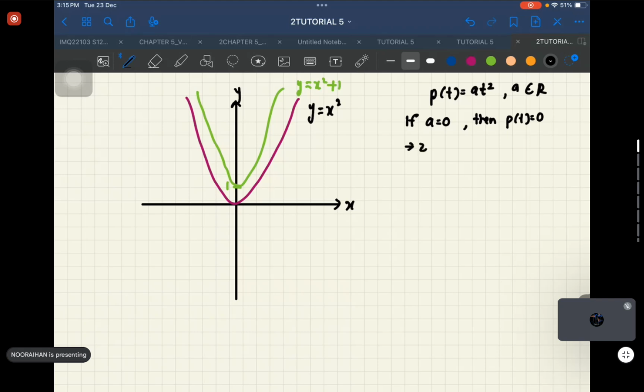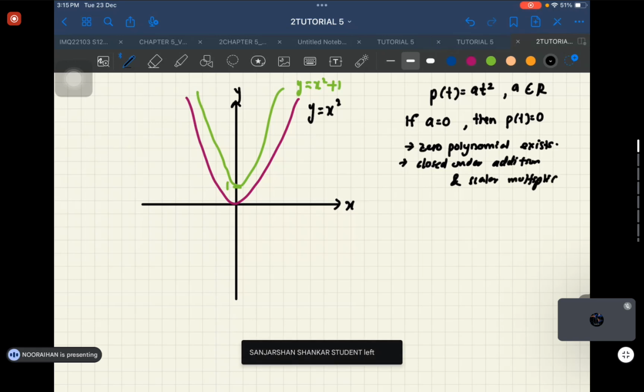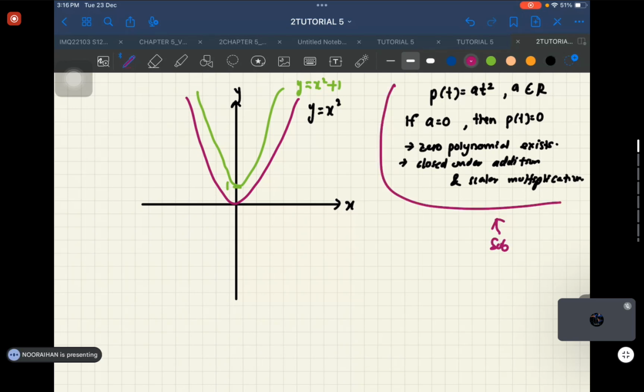So the 0 polynomial exists and it's also closed under addition and scalar multiplication. So in this case, this is a subspace. For question 1A, that is not a subspace, but in this example, this is a subspace.